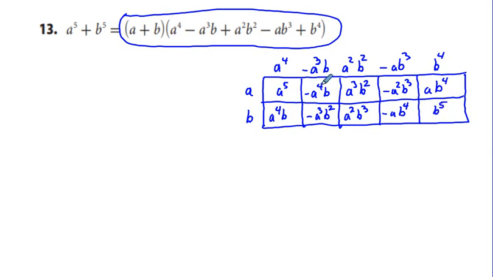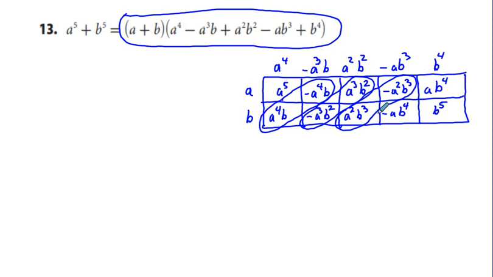And if we combine these terms diagonally, we have a to the fourth b minus a to the fourth b will cancel each other. And likewise, these two terms that I am now encircling will cancel each other. And these two terms here, a squared b cubed minus a squared b cubed, they will cancel each other.